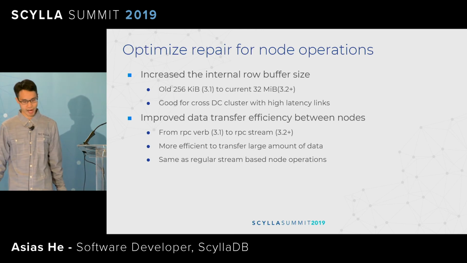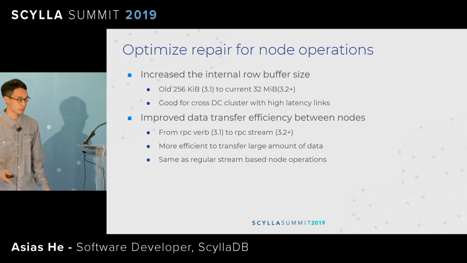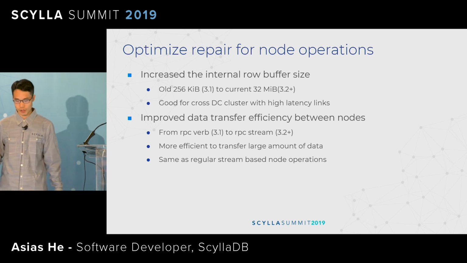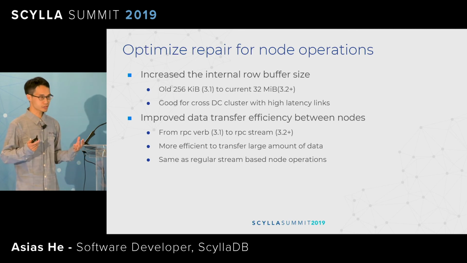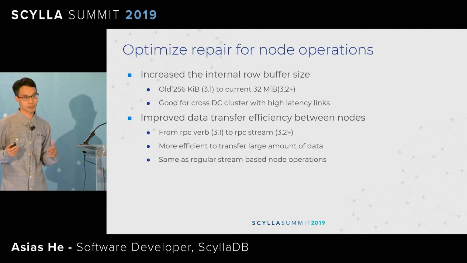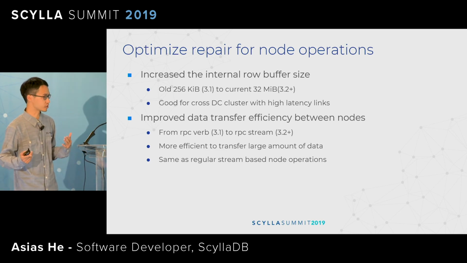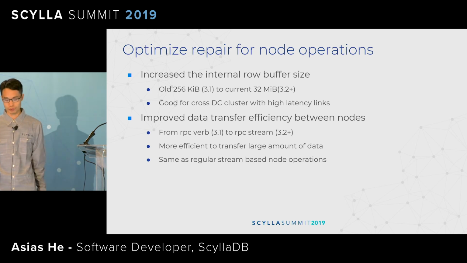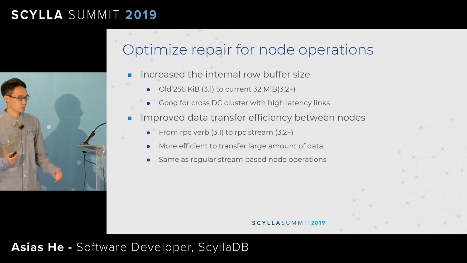We have also optimized the repair for the node operations. For instance, we have increased the internal row buffer. This is good for cross-DC clusters with high latencies. We can get a higher throughput with larger buffers in this case. We have also improved the data transfer efficiency between nodes.